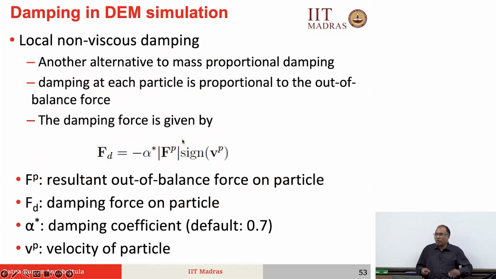If you solve the system of equations, you take the free body diagram of the particle and calculate the out of balance force, and in the direction opposite to that you apply a damping force, and this alpha is your damping coefficient. This is what we call non-viscous damping. You are not applying it through a viscous dashpot, but simply looking at the out of balance force and applying it opposite to the direction of the motion of the particle.